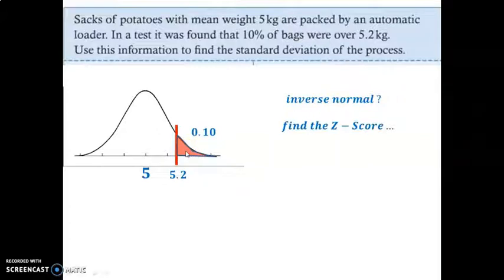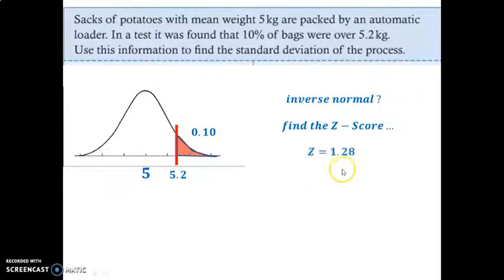And if we ran an inverse normal on a standardized normal curve, so imagine we took this curve and made it a standard normal with a mean of 0 and standard deviation of 1. So why don't you do that? Use an inverse normal as if this was a standardized normal curve, because the area is the same. The area will still be the top 10%. So see what you get for your z-score doing that.